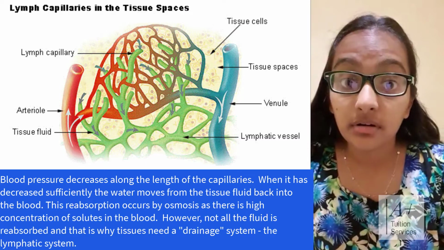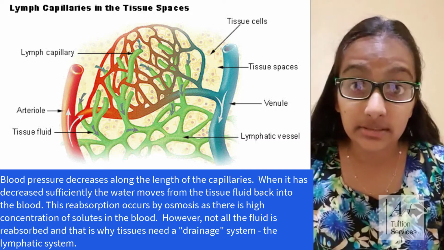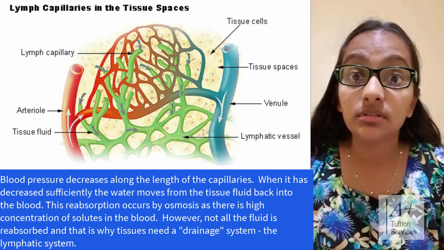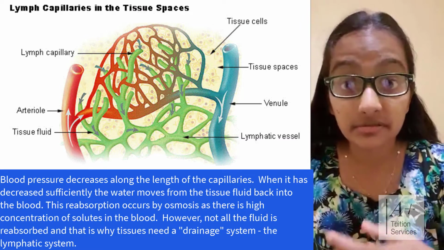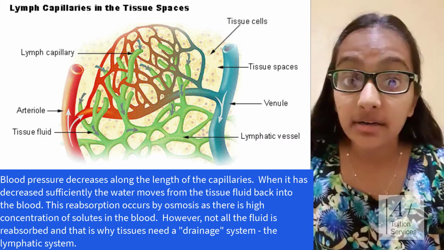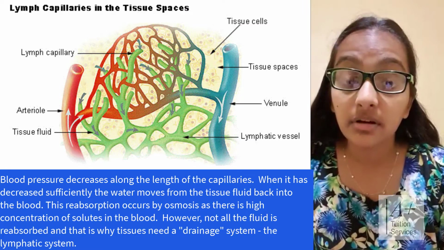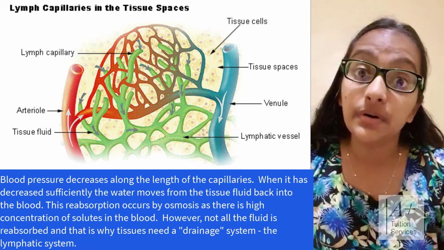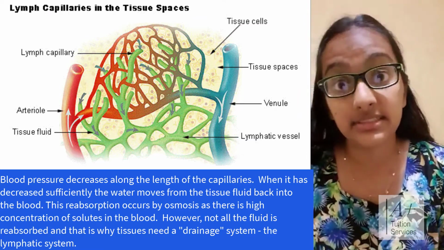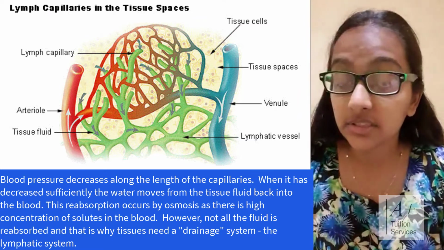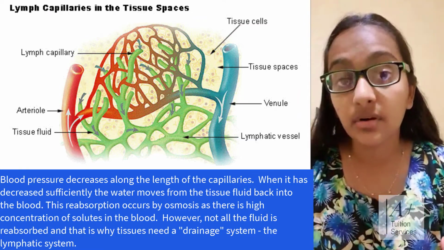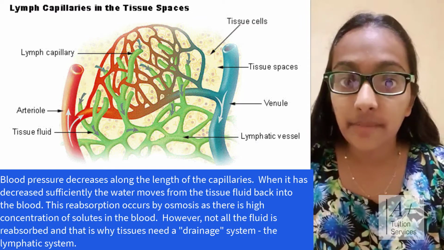The problem with that is that not all fluid is reabsorbed back into the blood, and the rest of it has to be passed through an alternative drainage system. This alternative drainage system is the lymphatic system, which we will be talking about.